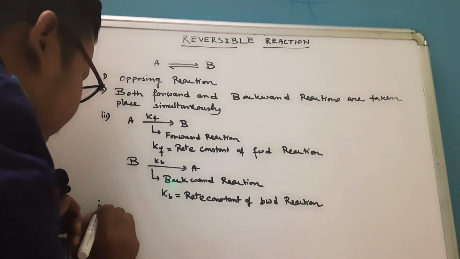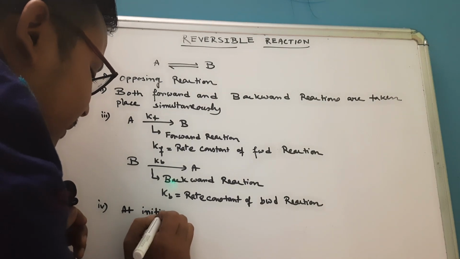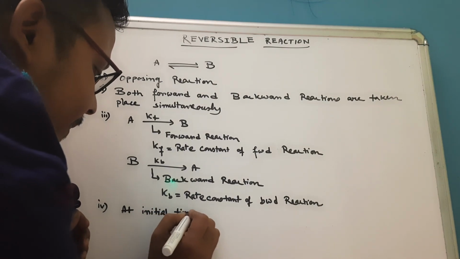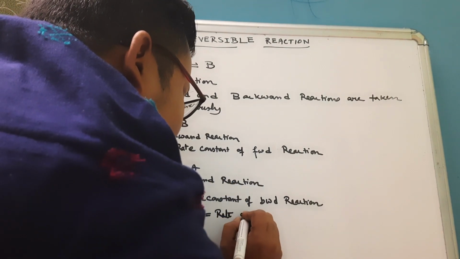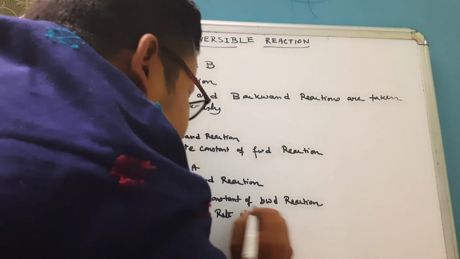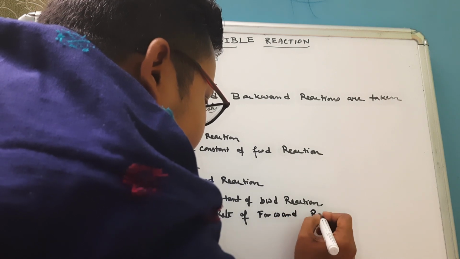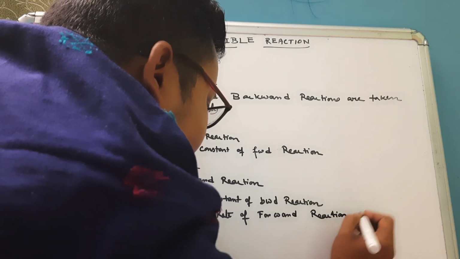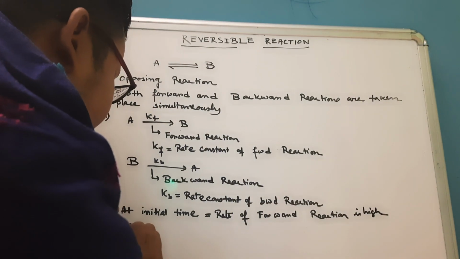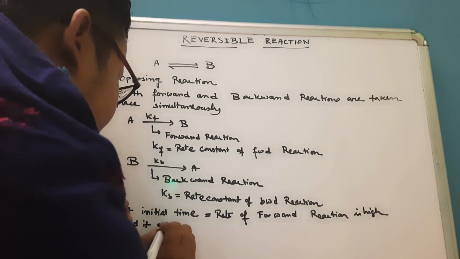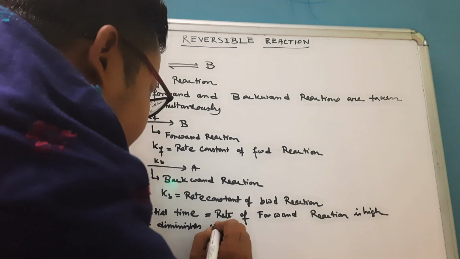So we can write, at the initial time, the rate of the forward reaction is high and it diminishes with the time.